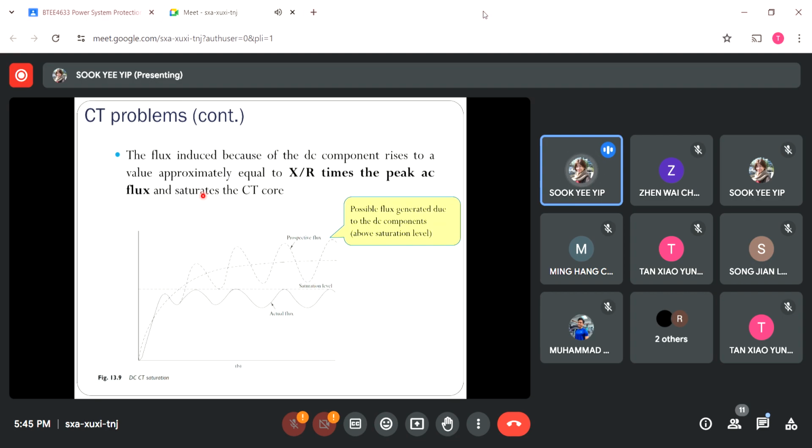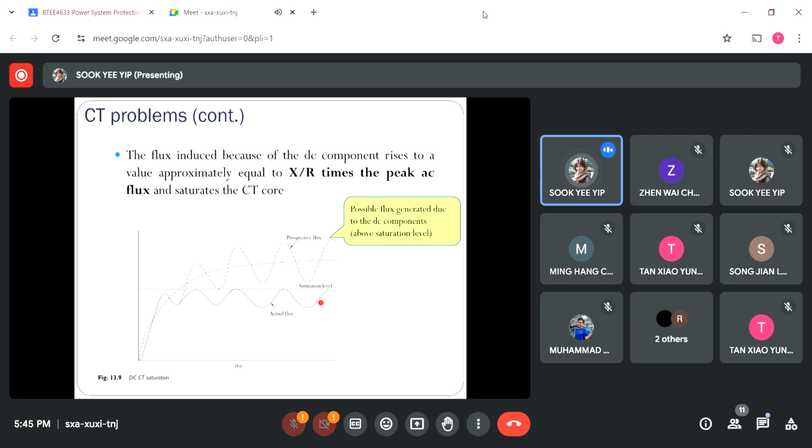So to further understand this, let's check out these figures here. Let's say we want to plot the flux with respect to time. And this is the maximum limit where if it exceeds this line here, it will enter into saturation mode. So under normal conditions, this is the flux generated from the core of the current transformer.